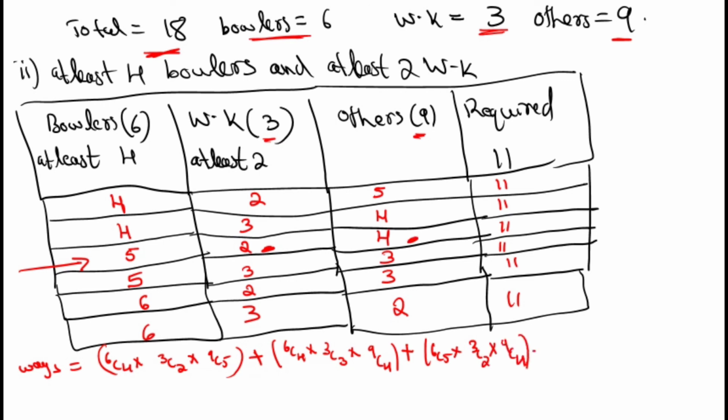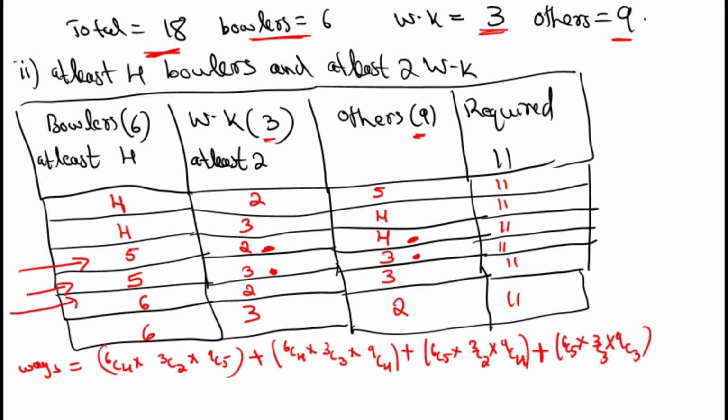Plus, move to the fourth row, that is 6C5 into 3C3 into 9C3.